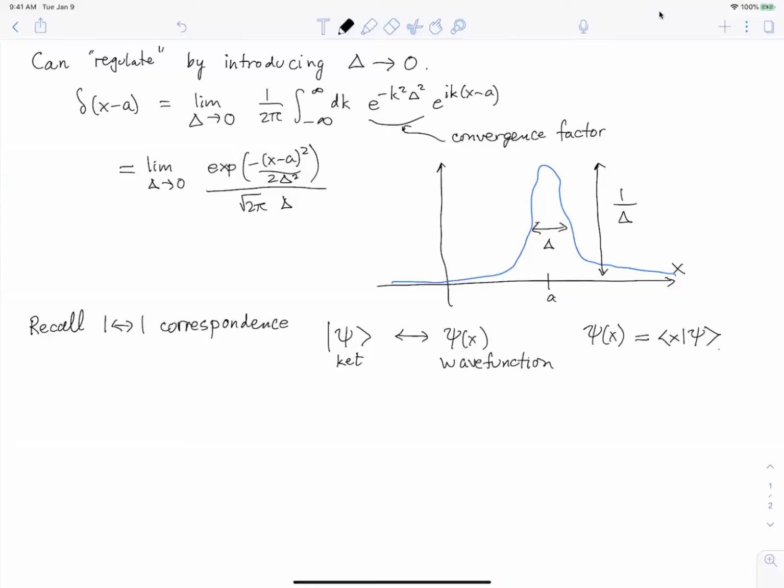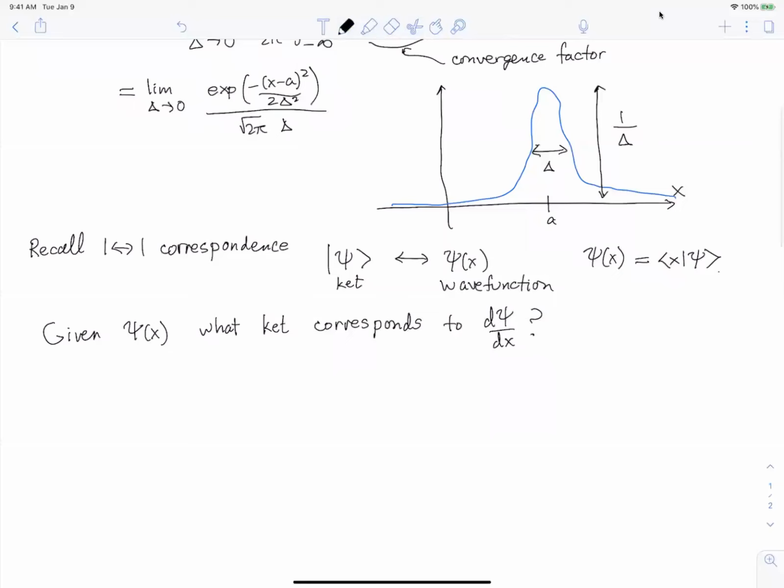So now we can ask the question, given psi of x, so if I hand you a wave function, what ket would correspond to its derivative? So what ket corresponds to d psi by dx? And one way to answer that question is to just give it a name. So let's call it D acting on the original ket psi.